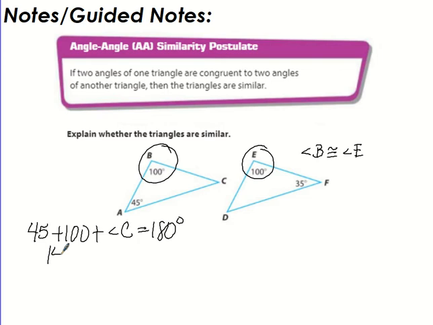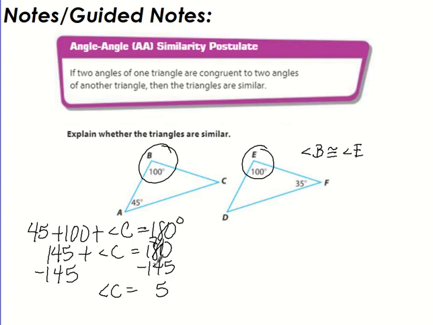So 145 plus angle C equals 180, and then subtract my 145, and angle C does in fact equal 35 degrees, and now I have two angles that are congruent. Angle C is congruent to angle F. I've proven it by solving for this.